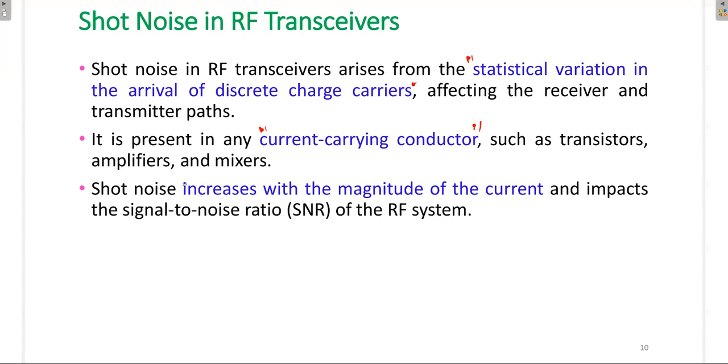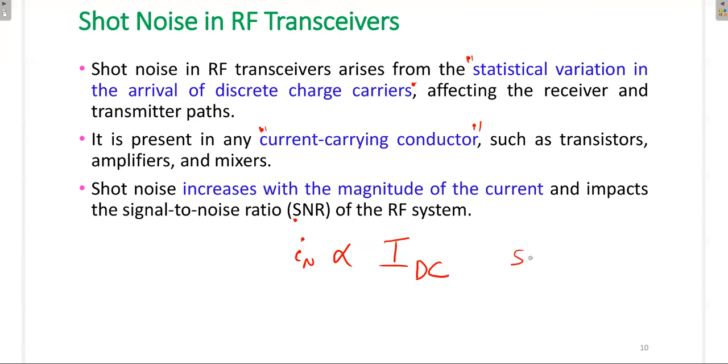Shot noise increases with the magnitude of the current, so that ultimately it affects the performance of the system, such as signal to noise ratio. Shot noise is directly proportional to the DC current flowing in the system. So the more the DC current, the more will be the shot noise.